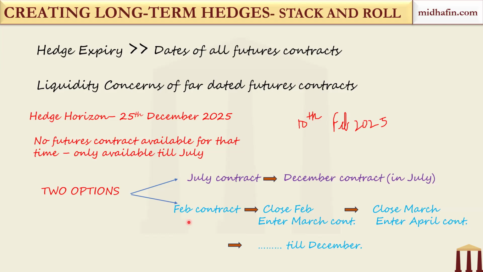Then just before the contract is about to end, you settle it, you offset it, and you enter into a new March contract. Just before the March contract is about to end, you again settle it and enter into another contract. You do this process till December. This is known as stack and roll.